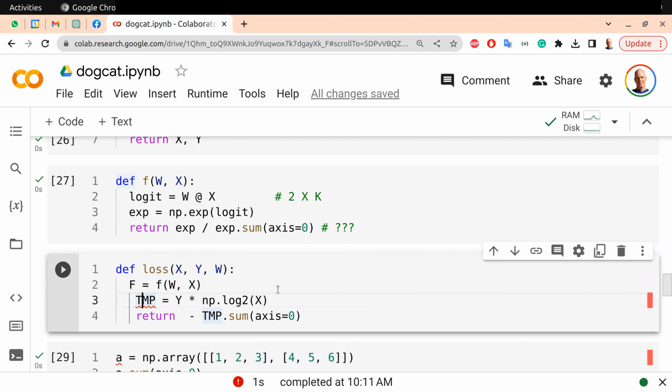I have an indentation issue here, just a minute. And here, this should be of F. What we did here, I just want to remind you, is cross entropy. So log 2 of F is a vector, actually, because F is a vector.